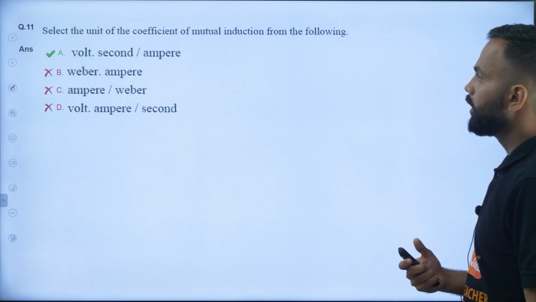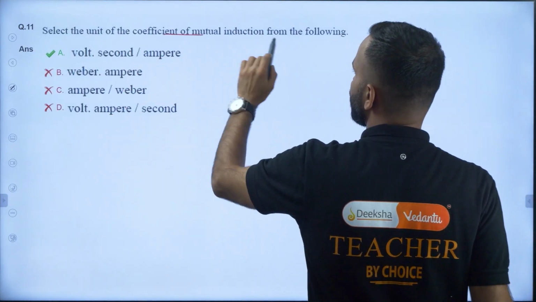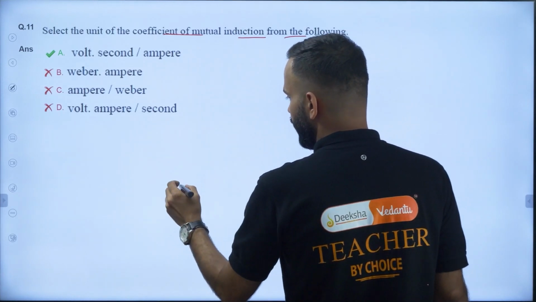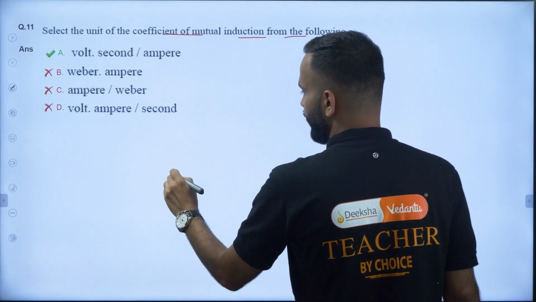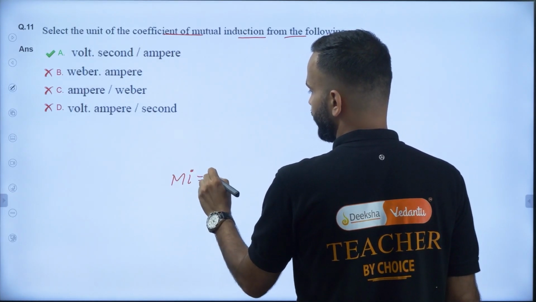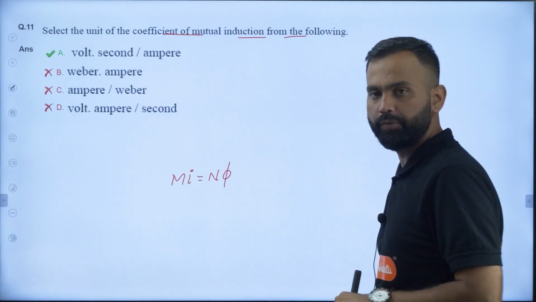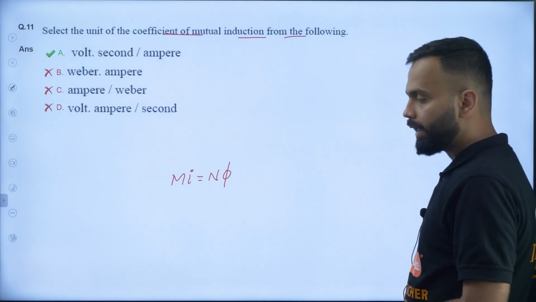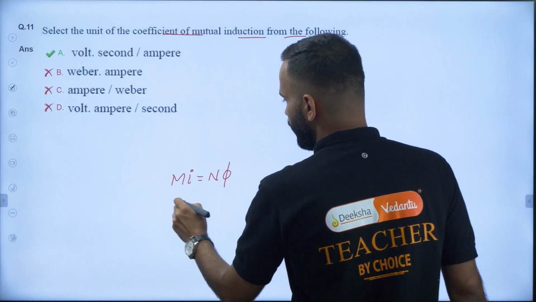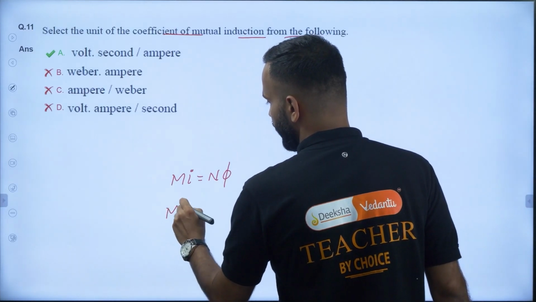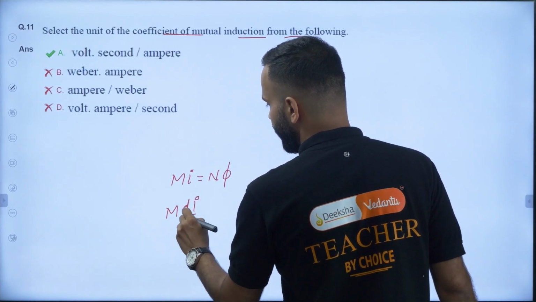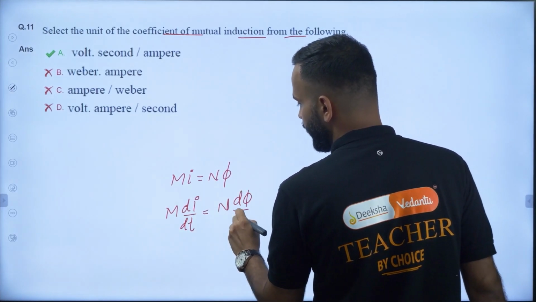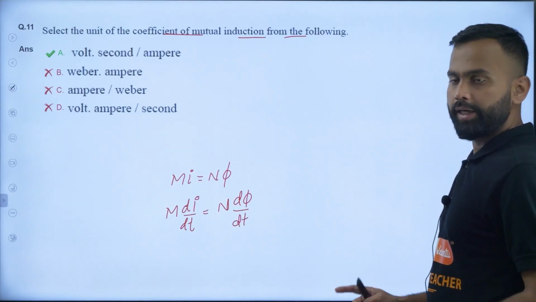Question number 11. Select the unit of coefficient of mutual induction from the following. Simple one, right? We know that M into I is equal to N into phi, the relationship between M and phi. Phi is magnetic flux, M is mutual induction and I is current. Now differentiate both sides with respect to t. So M into di by dt is equal to N into d phi by dt, which is the induced EMF.